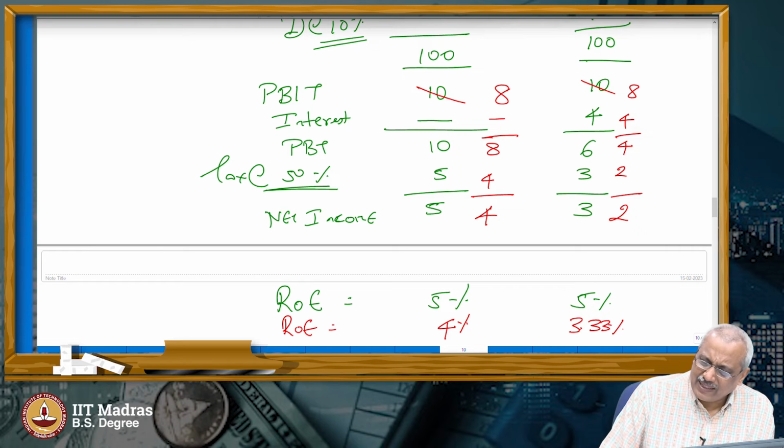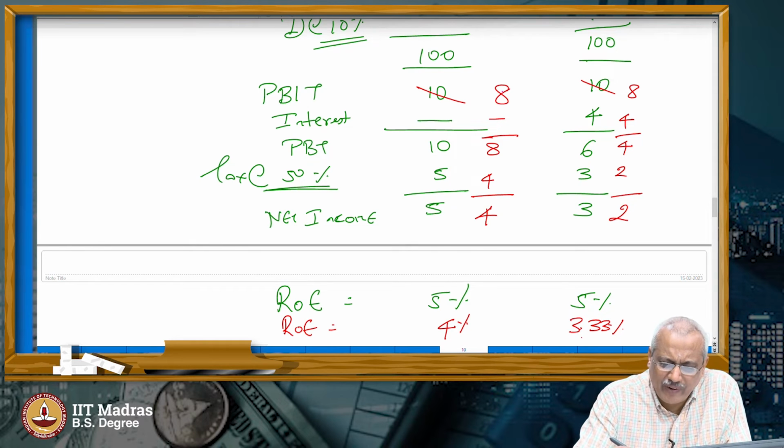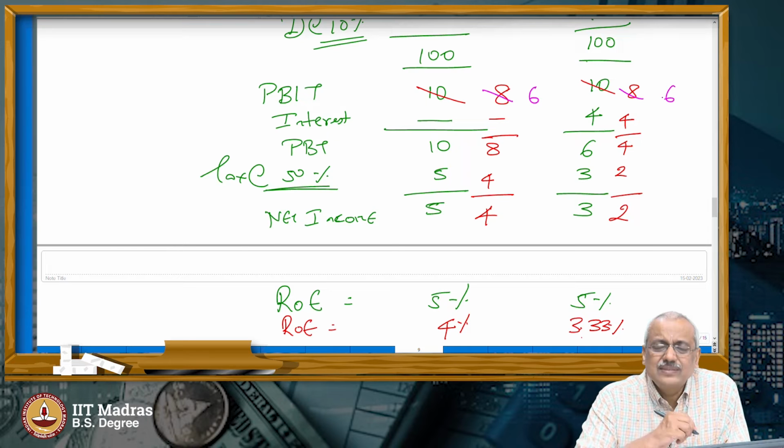So what has happened? The return for the debt holders has remained the same $4, while the return for the equity holder has decreased. I take one more example. Imagine it is the peak of the COVID year. You don't even get $8, you get only $6. $4 goes as interest.